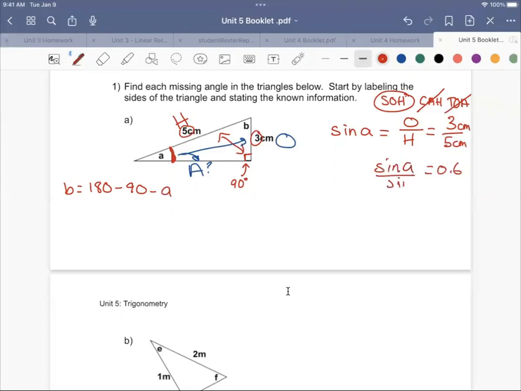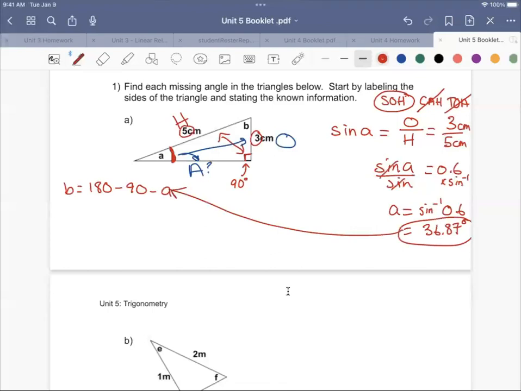And then do over sine and times my inverse of sine. So I get A is equal to sine inverse of 0.6, which in this case is going to give me roughly 36.87 degrees. So I know that A is 36.87 degrees.